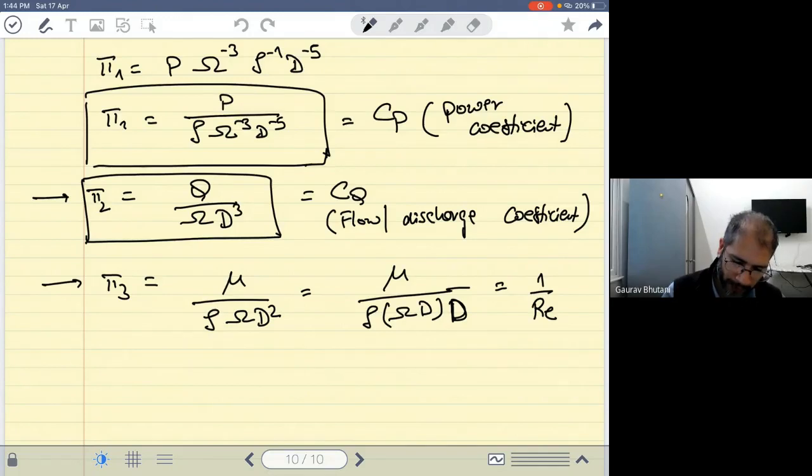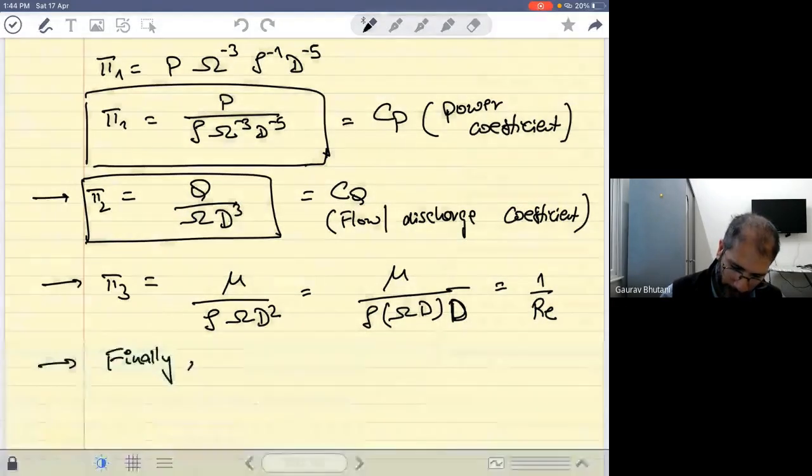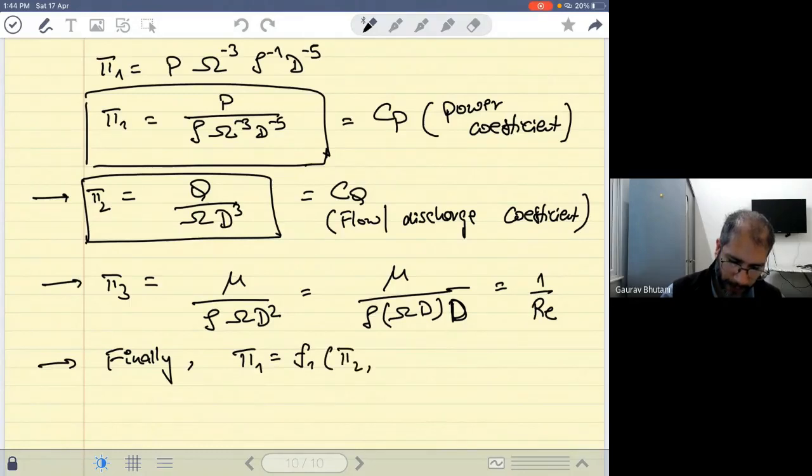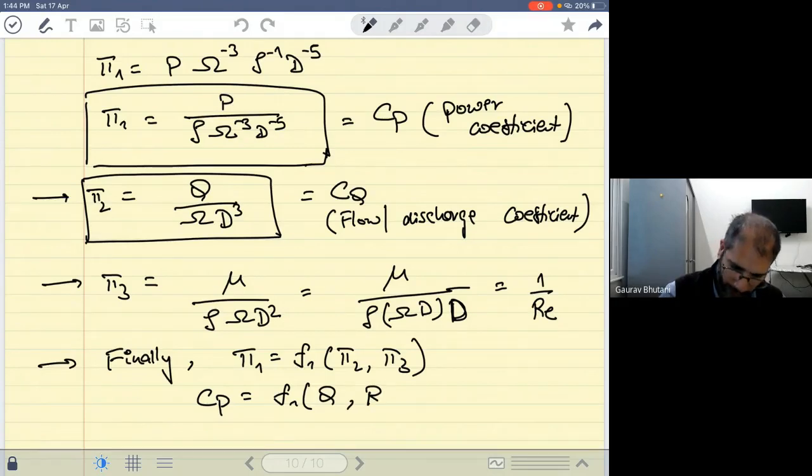Okay, so we have successfully found out the 3 pi parameters, and finally we can write pi1 as some function f1 of pi2 and pi3, or I can say the power coefficient is some function of the discharge and the 1 by Reynolds number.